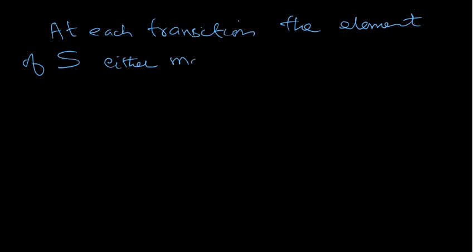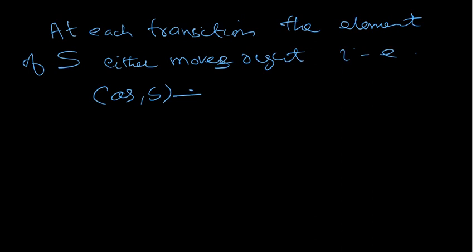Right move means we have a move like this, (AS, B) to (A, SB), so the pair belongs to T in that transition.